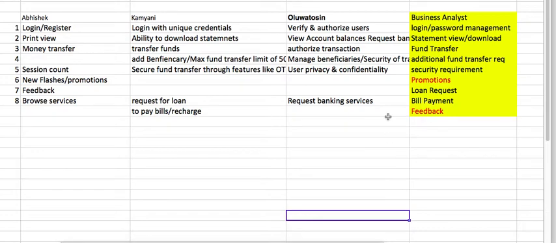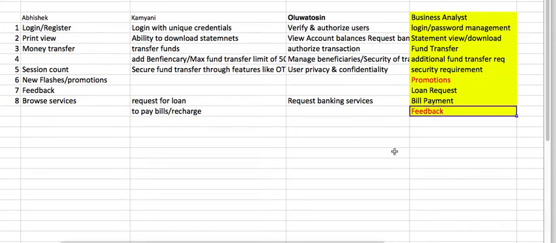So this is not supported by others. The other requirements have been supported by everyone, and the majority of these are requirements accepted and agreed by the majority, I would consider that. And these two are unique requirements by a unique stakeholder. So we can consider later whether they are important or not.